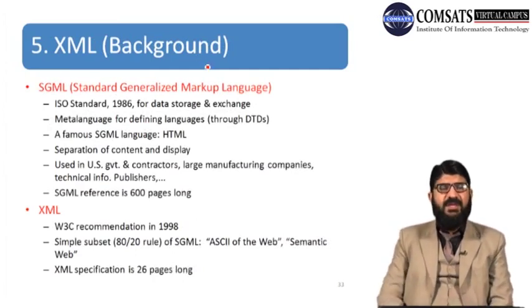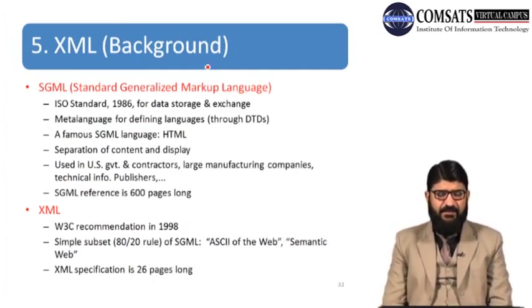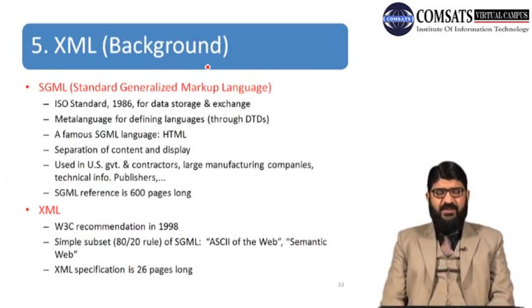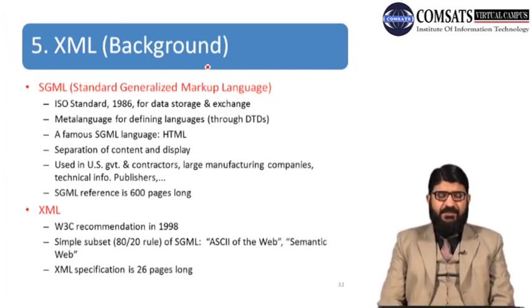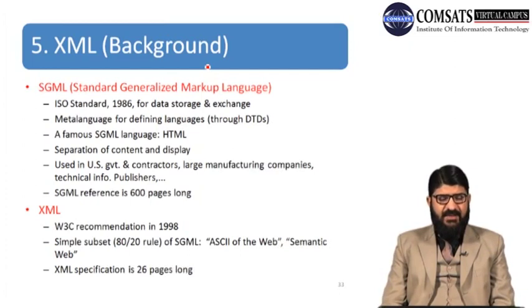Now we are going to see about XML. The first one is SGML. SGML stands for Standard Generalized Markup Language. It is an ISO standard from 1986 used for data storage and exchange. The meta language for defining languages is used through DTD.